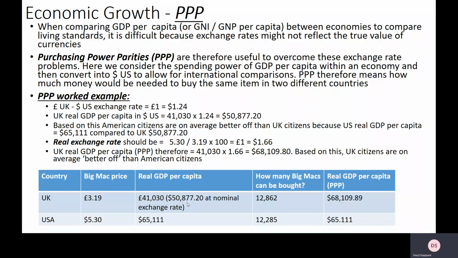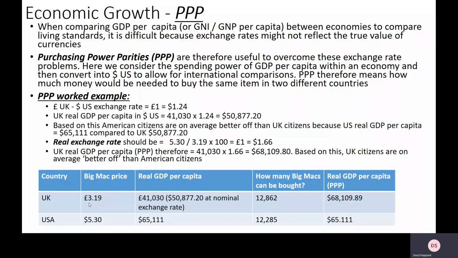But this is nonsense, because what we've got to be thinking about is the spending power of your money in your economy. Now, to do this, we often use something called the Big Mac Index. And this is about looking at how much you can spend with your currency in your economy. Now, if we look at a Big Mac in the UK currently is £3.19.